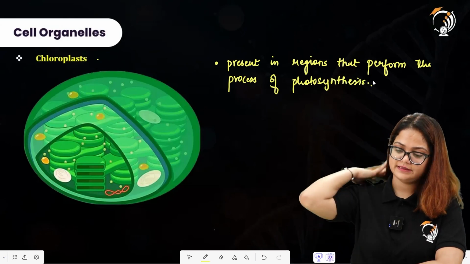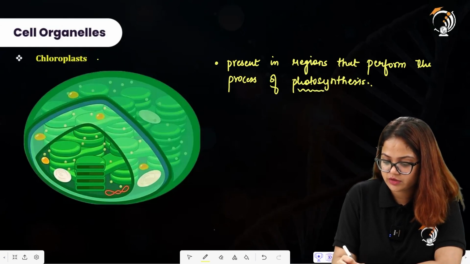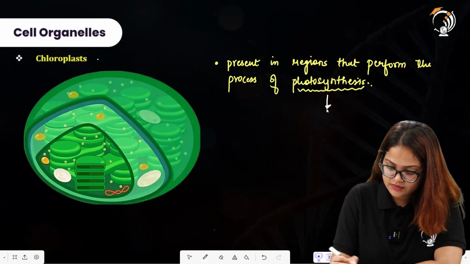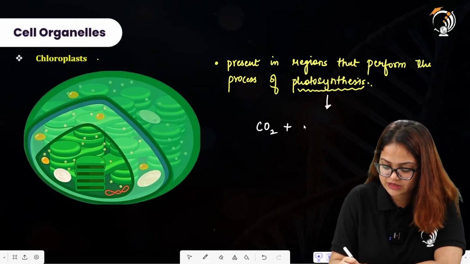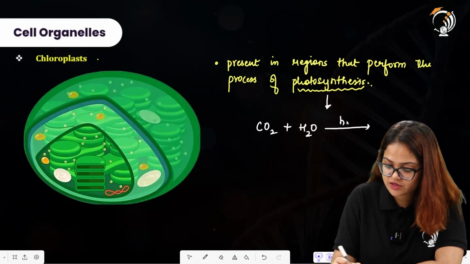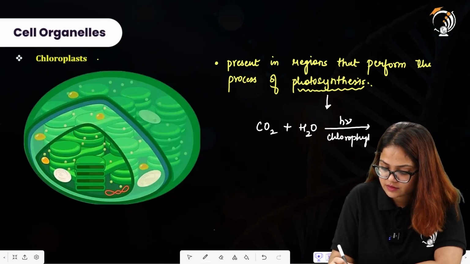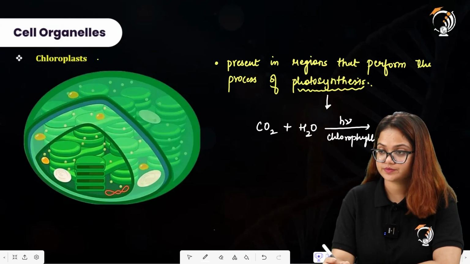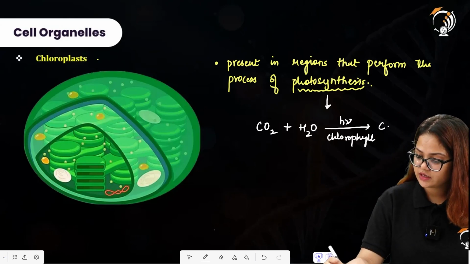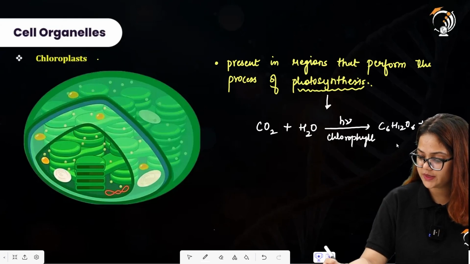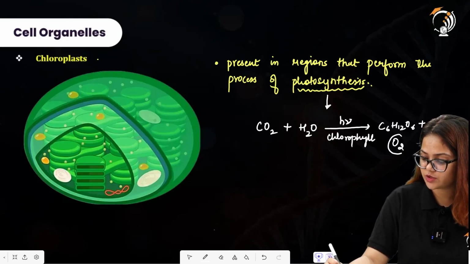All right, and by photosynthesis, what do we mean? We mean the fixation of the substrates, carbon dioxide and water, in the presence of sunlight by the chlorophyll pigment, converted into carbohydrate, plus oxygen molecules are also evolved.